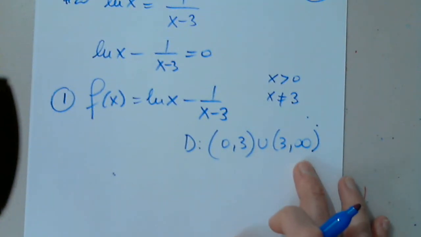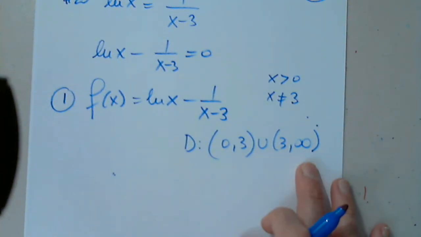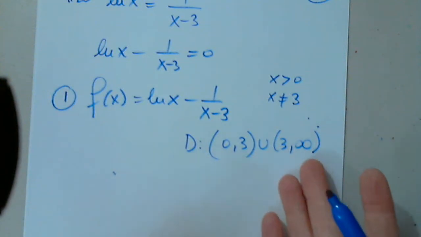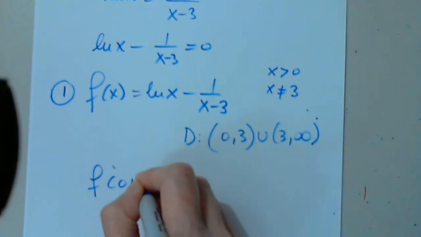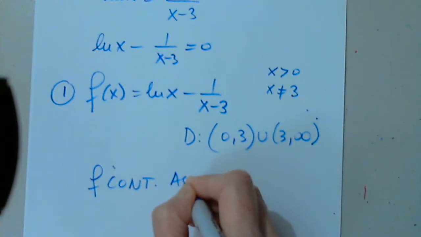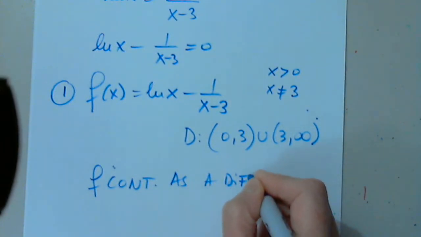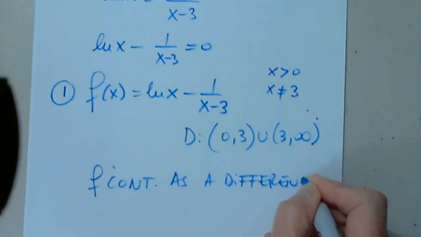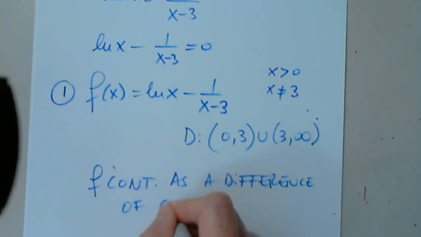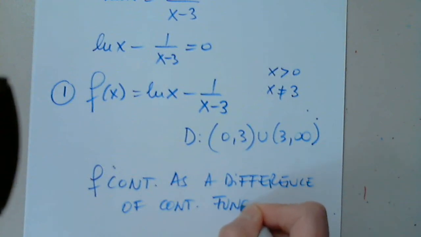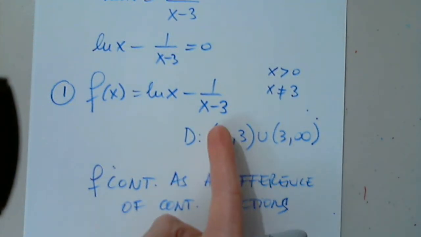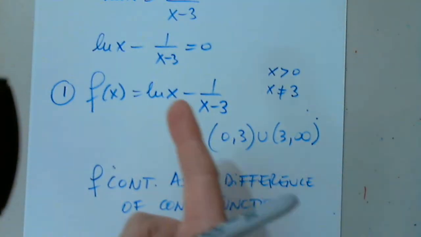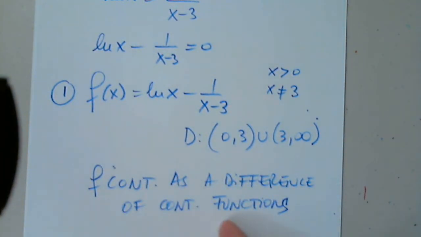On this interval, everywhere except at 0 and 3 and negative values, I have to say that f is continuous as a difference of continuous functions. This is always continuous here. This is always continuous here. Their difference will also be continuous here.